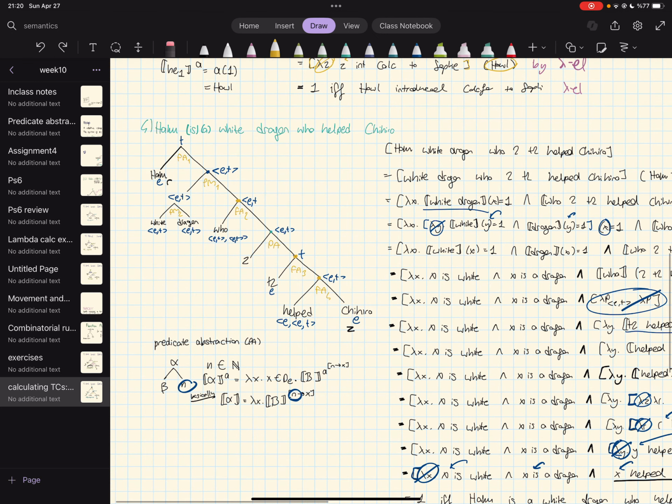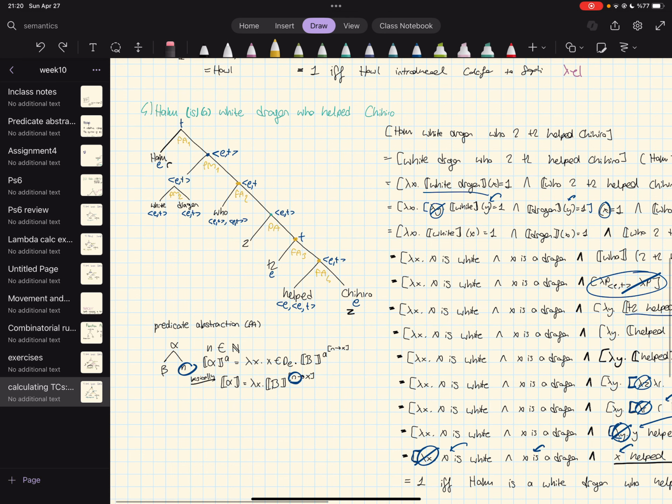We started off by assigning our types: E for Haku and Shiro because they're entities, and for the whole sentence we assigned T as we always do. For predicates, as well as adjectives, we had to assign ET, and its mother would also have to be of type ET. And here we learned about the operator who, which is of type ET.